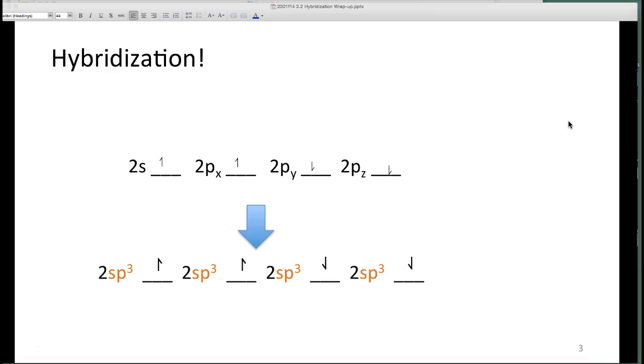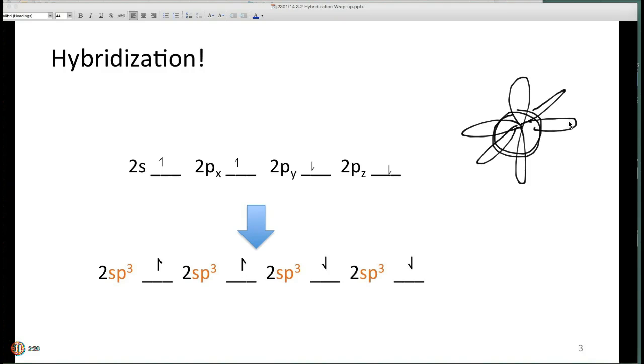Now, the other problem with what we understand so far about the carbon atom is that an s orbital is a sphere, and the p orbitals are 90 degrees opposite one another.